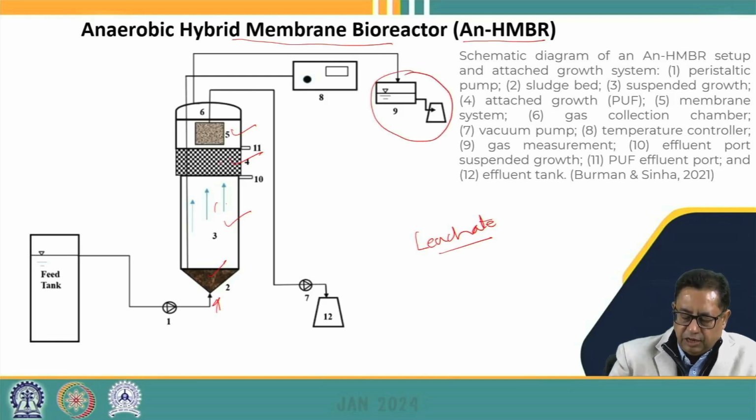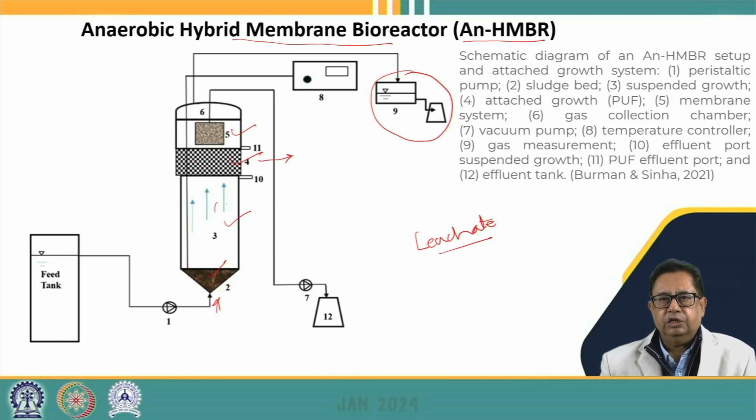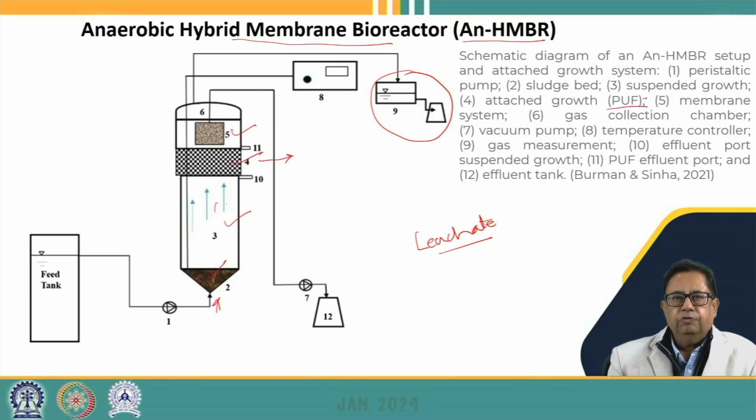Similarly, we have a system here which has the attached growth systems, that is, the microbes are growing on a certain media. In this case, it is a polyurethane foam on which the microbes grow, and they treat the wastewater. This also leads to less load on the membrane, in the sense that it does not allow the MLSS to go directly to the membrane, and reduces the load of the MLSS on the membrane.